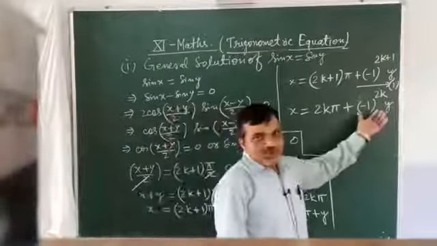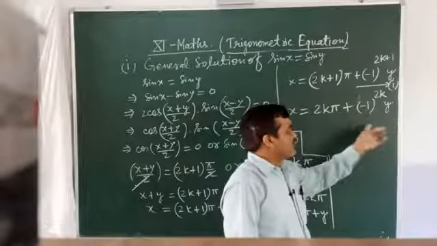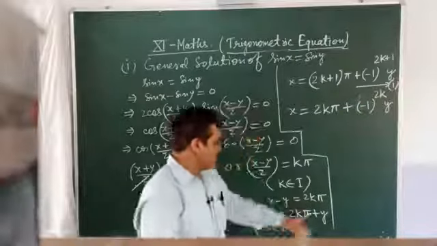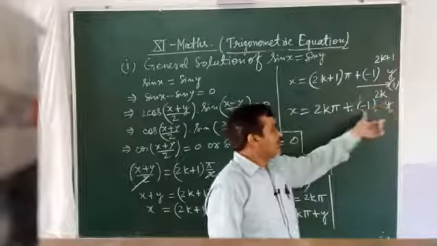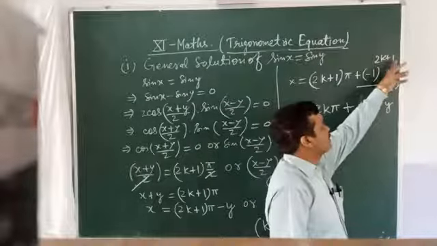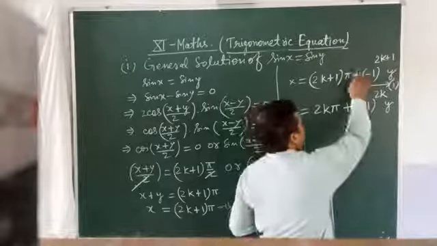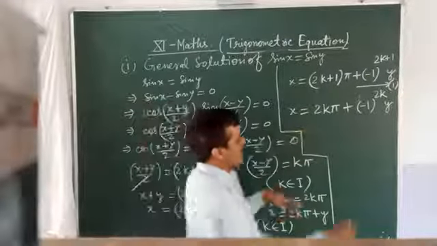Minus 1 to the power 2k, it is an even number, therefore it is always positive. But (−1) to the power 2k plus 1, it is an odd number, so it is negative. So these two conditions we summarize here.